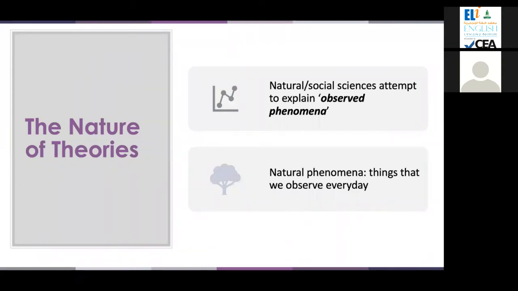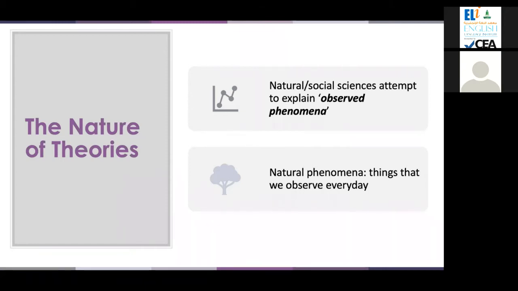A theory then attempts to explain observed phenomena. In other words, a theory answers the question, why? Why is this happening? Why is this observation, for example, taking place in a particular situation in a particular context? And all sciences basically use theory.